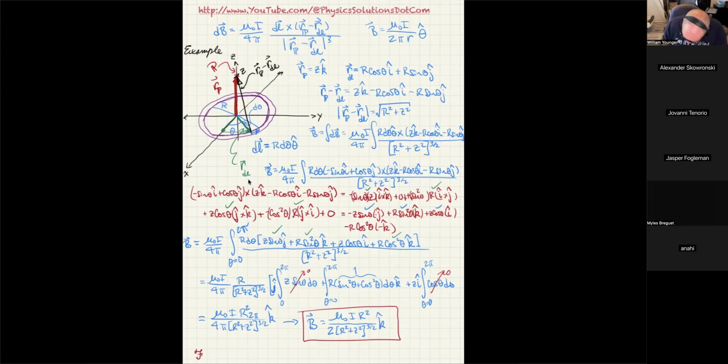So for z equals 0, B becomes, notice you're going to have r squared plus 0 squared to the 3 halves power. So that's going to make r cubed in the bottom and r squared on the top. So that's just going to give you mu 0 I over 2r like that. And that's in the k hat direction. So that's what it would be at the actual center.